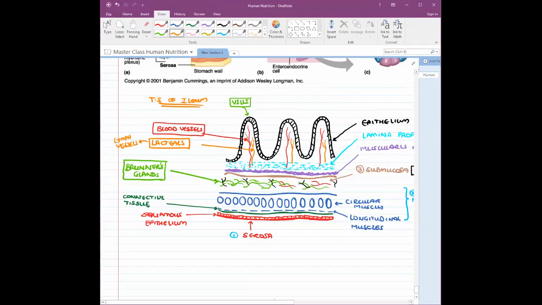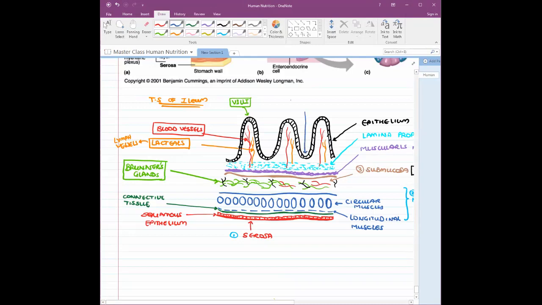Okay, but now, guys, you are going to see that we have this entire pit-like structure. These pit-like structures we call the crypts of Lieberkühn. New term, guys.